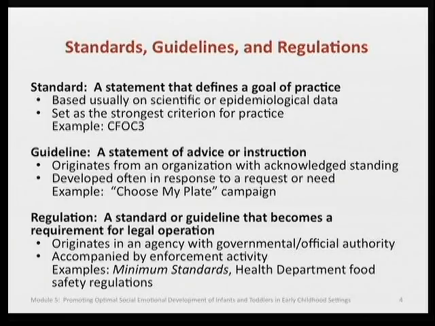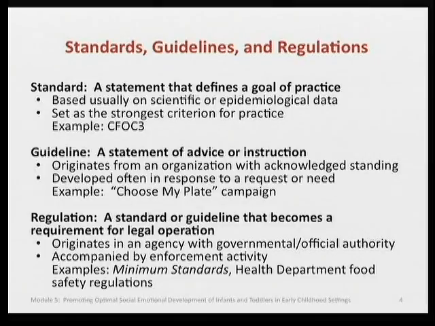A regulation comes from an agency with governmental or official authority and is accompanied by enforcement activity. Examples of regulations include the Alabama Department of Human Resources licensing standards and the Health Department's food safety regulations. Because creating regulations is a lengthy legal process, regulations, although they still must be followed, may become outdated and no longer represent best practice.